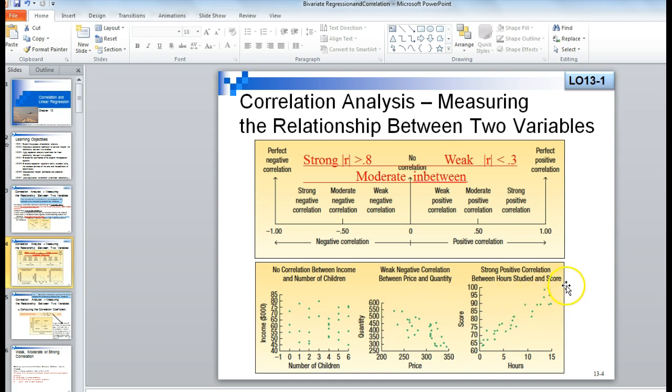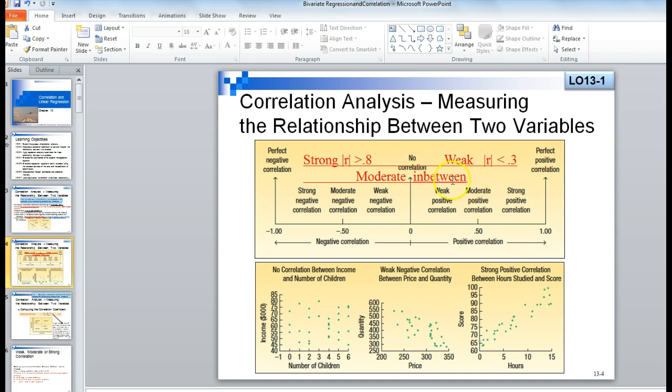It's not as strongly linear. This is less strongly linear, so it would be a weaker, and it would be a negative correlation because it's downward sloping. And this would be no correlation. You just can't tell if there's an upward or a downward. This would be an r closer to 0. This would be an r closer to, say, -0.3. This would be an r close to +0.8, something of that nature.